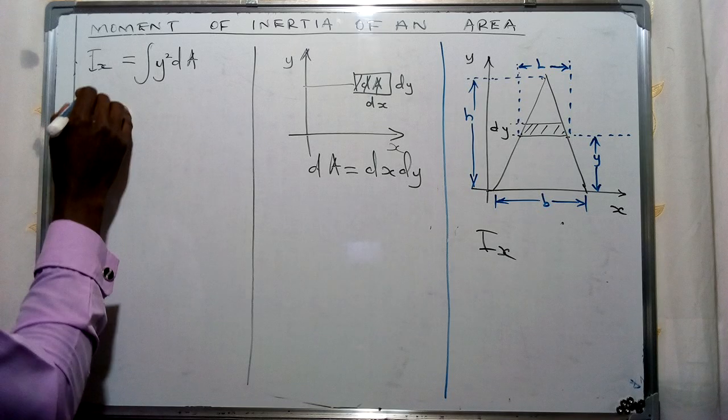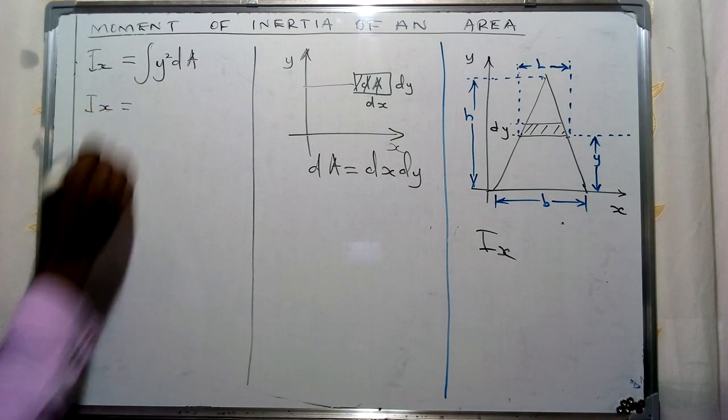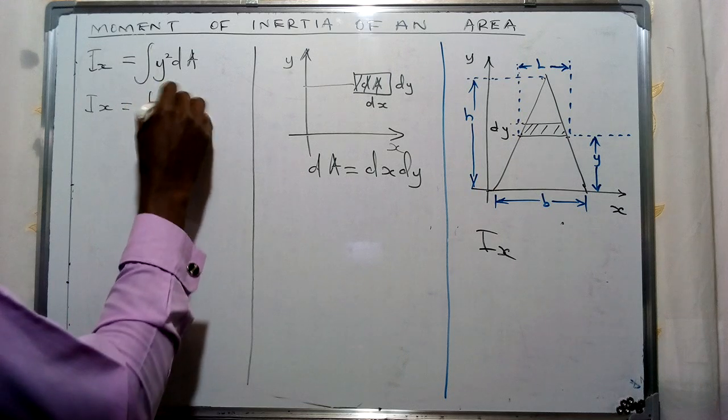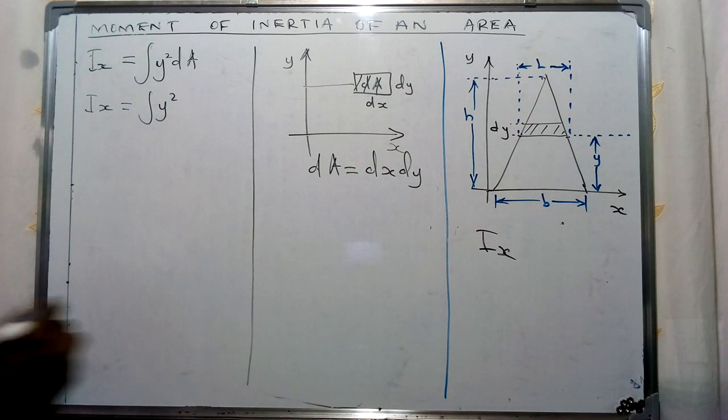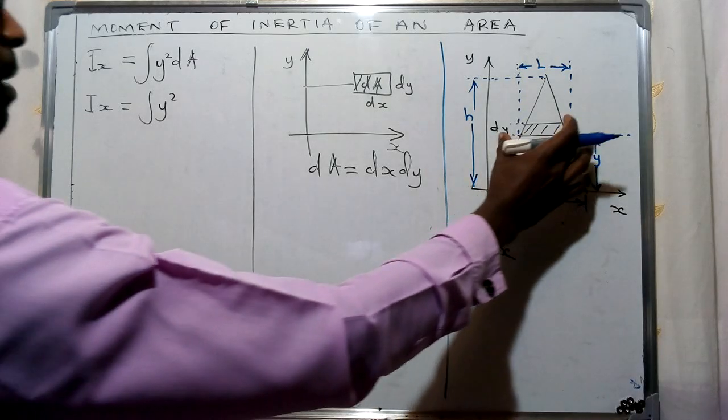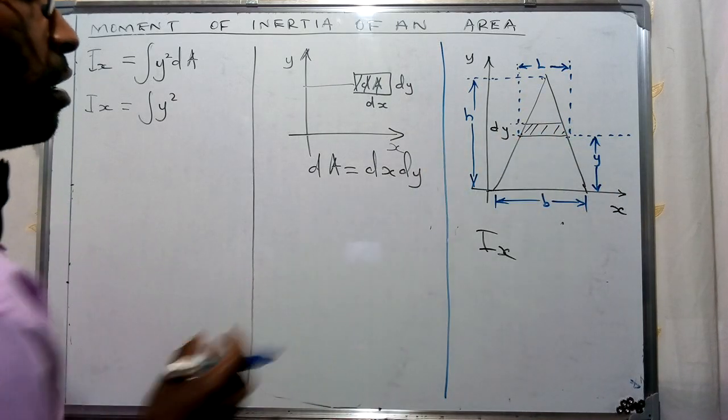So we can have this moment of inertia represented as the integral of y squared dA. For our triangle, we're going to consider this specific area being formed by a small section which I've chosen and shaded in this part.